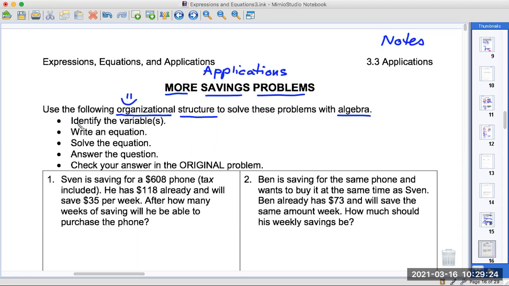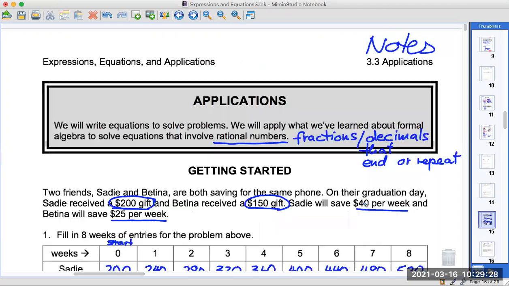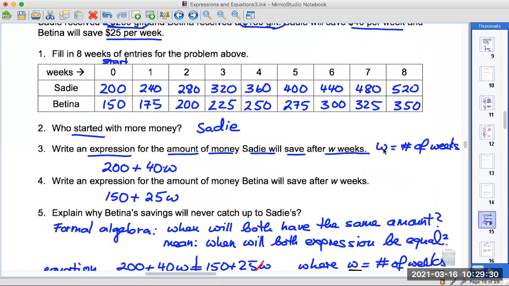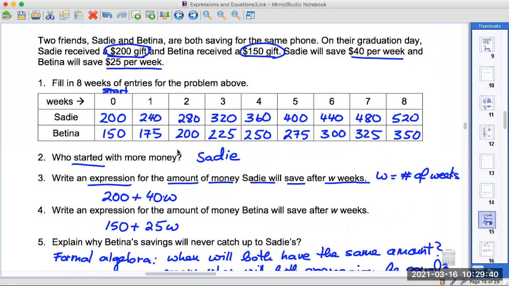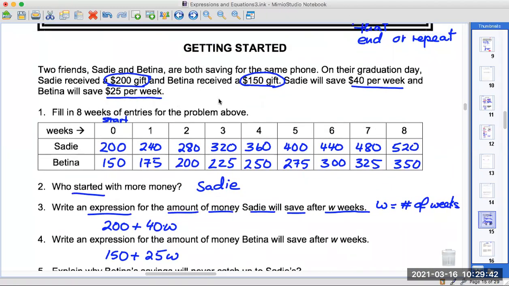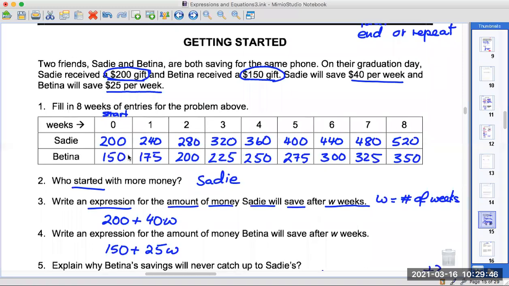We always want to identify a variable. If you look at the previous page, I wrote W is equal to the number of weeks they're saving. So I let my variable, I pick a letter, W works. They actually told us W in the problem somewhere. Can't remember where. Did it say anything? Nope, I don't see it.